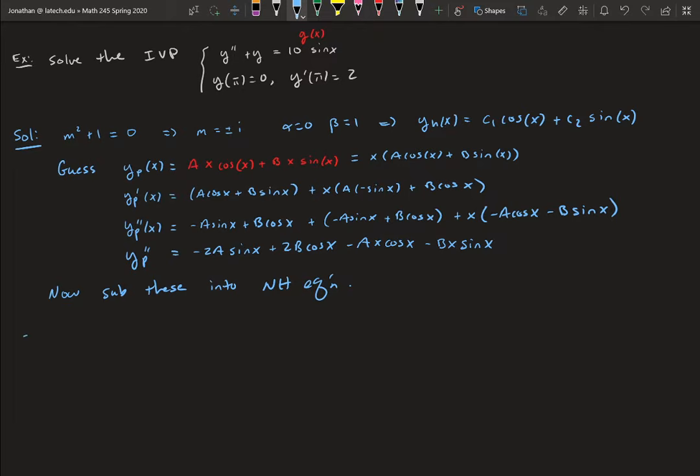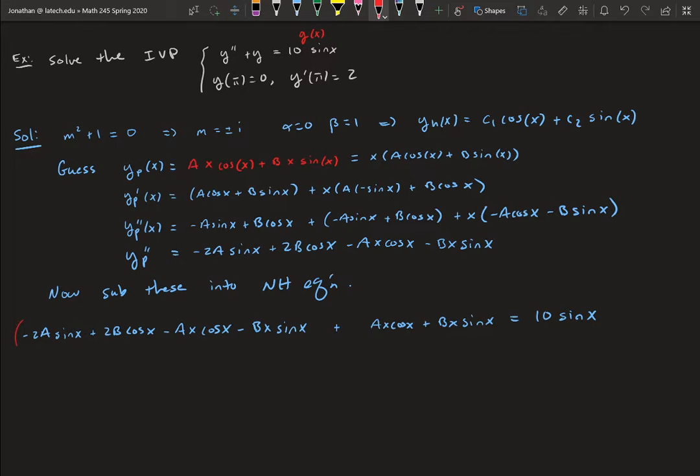So that's going to be negative 2a sine x plus 2b cosine x minus ax cosine x minus bx sine x, that's yp double prime, plus yp, which is ax cosine x plus bx sine x, equals 10 sine x.